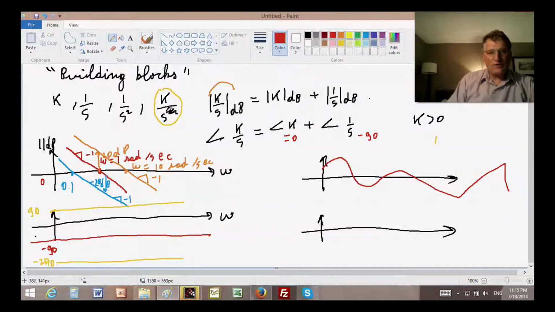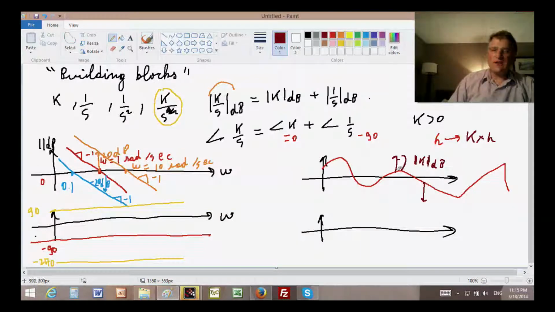Then all that we need, if we multiply h by k to obtain k times h, is just shift this thing up or down by the size of k expressed in dB. So the amount here is k expressed in decibels.